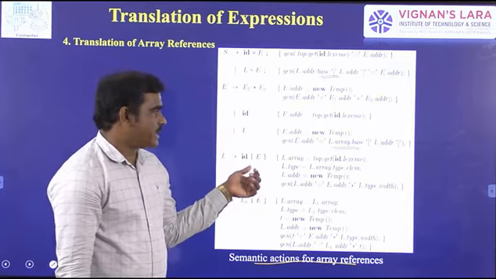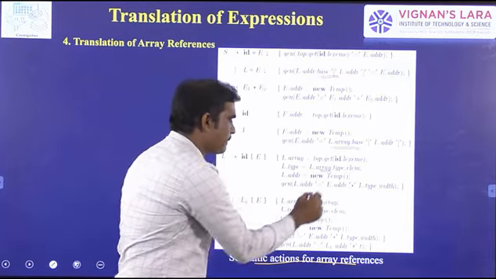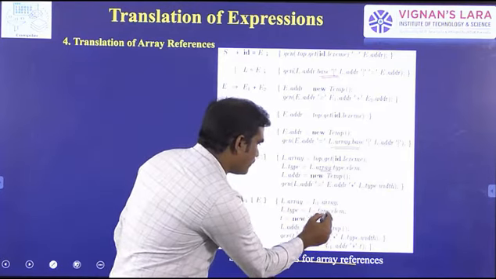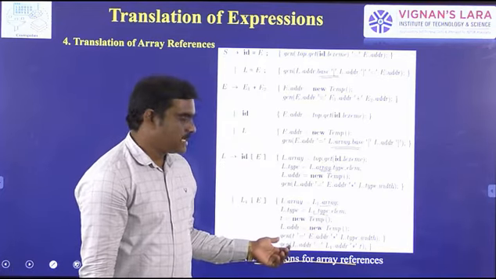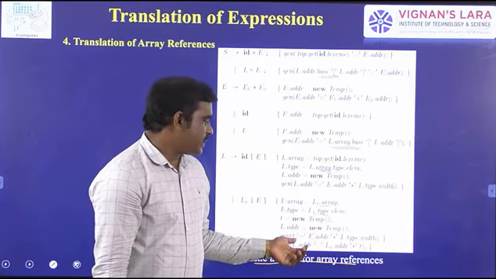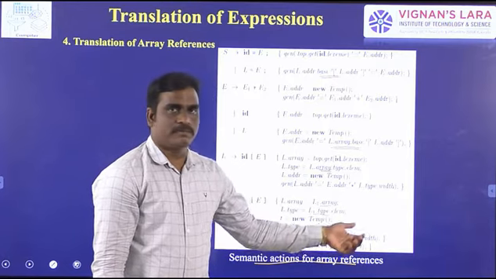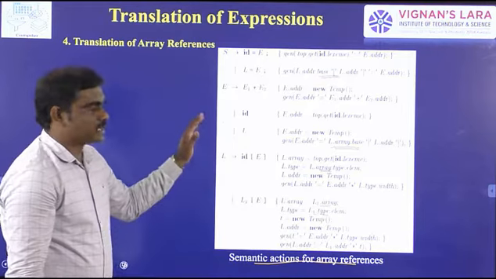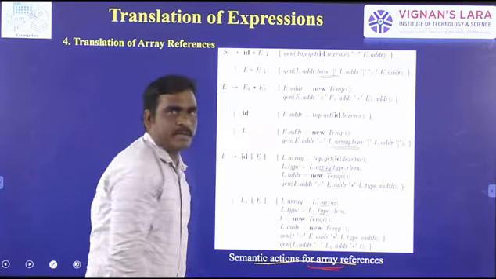In the same way, id of E, and you can represent it like L1 of E. So generate t = E.address × L.type.width. In this way we can represent the productions as semantic actions with reference to the array.